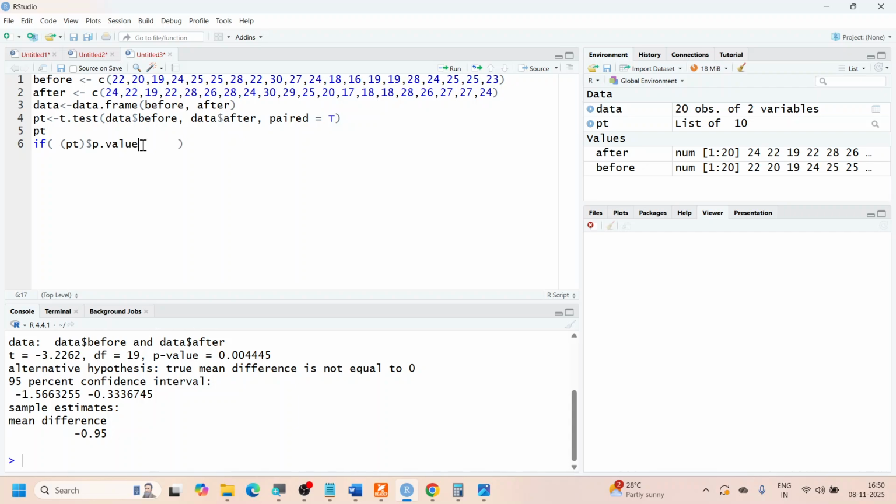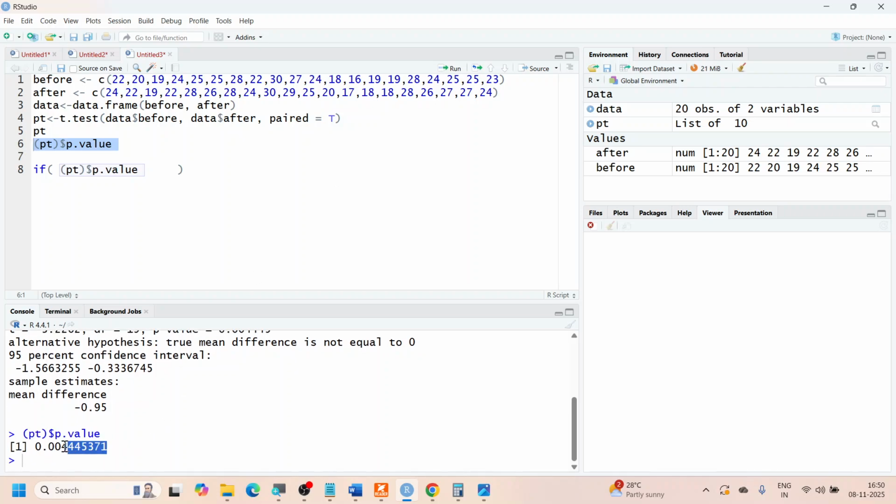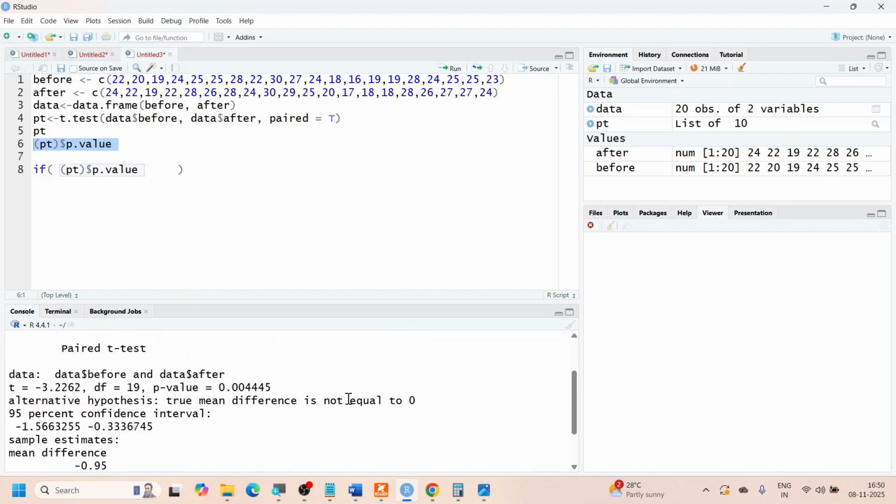p.value. You see whether that value will appear or not. Let me just show you that value here. Just run it. Notice that p.value is this value that I am talking about. So if this value is less than 0.05, we will reject it.